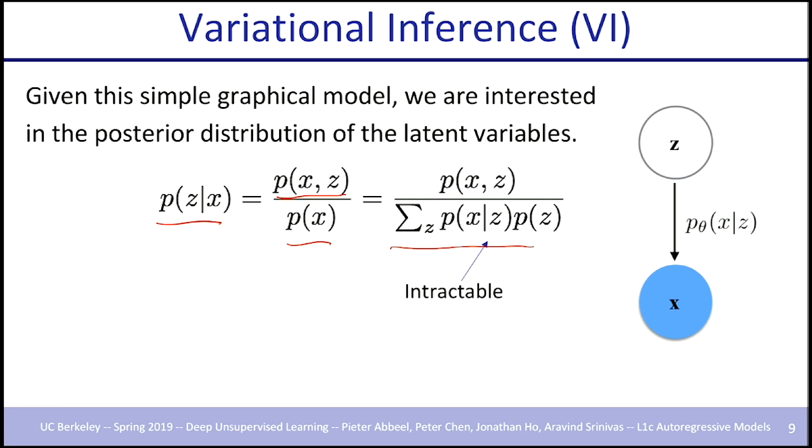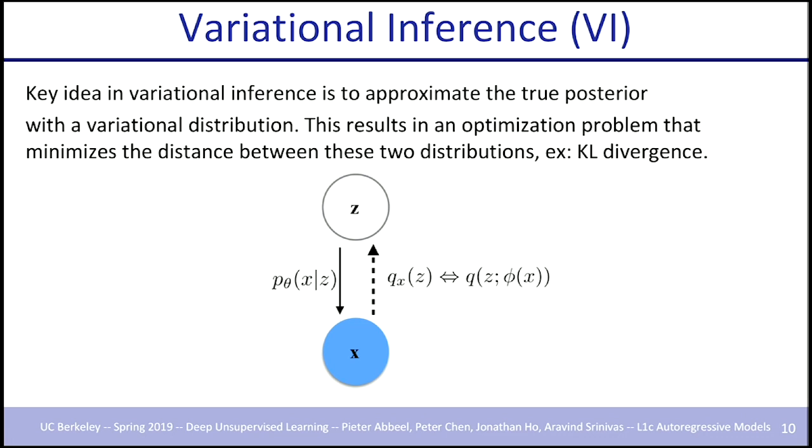That's not so good. The core idea of variational inference is: I have this true posterior of z given x that is intractable, but it's really useful for evaluating the marginal likelihood. So we are going to learn a distribution q sub x to approximate it.